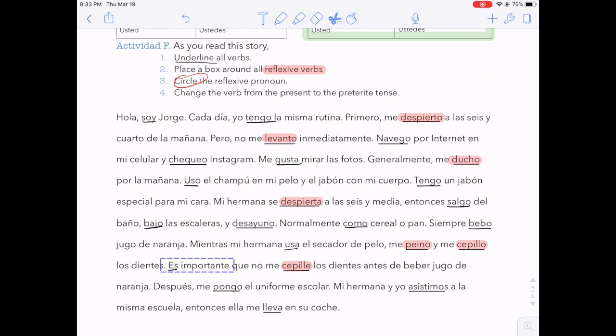This means it's important that I do not brush my teeth. So cepille in this case means I brush. Pongo, I put, in this case, on.